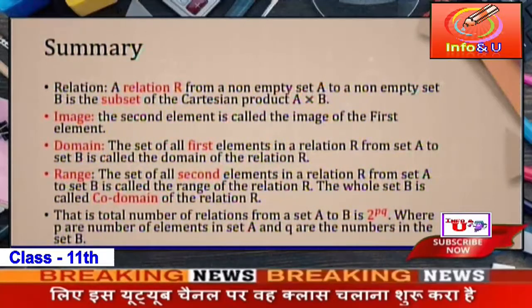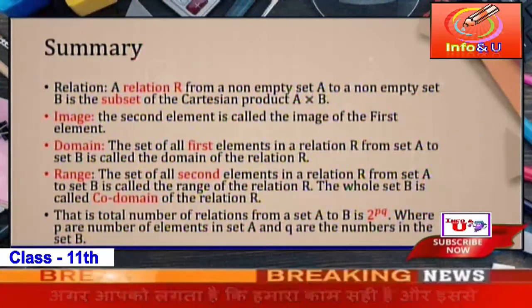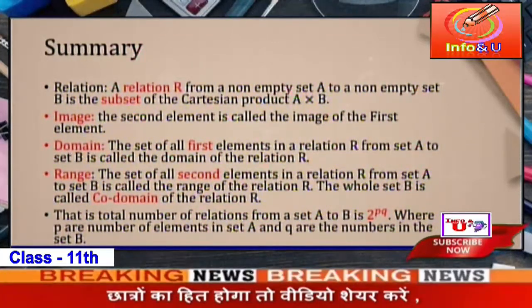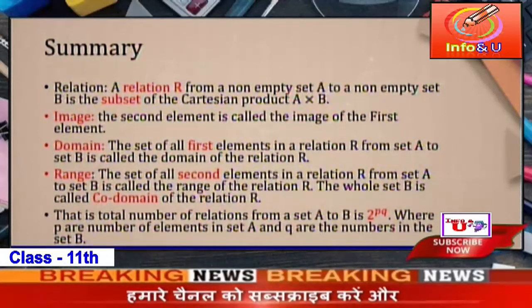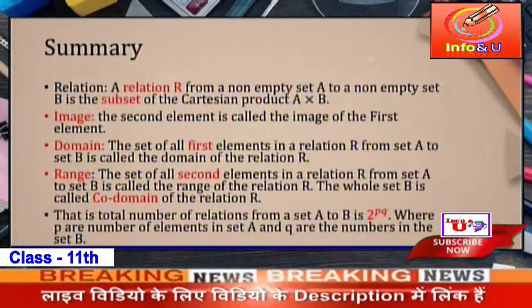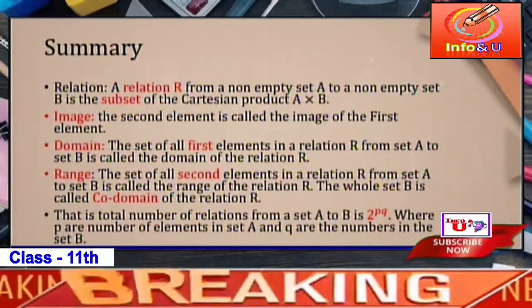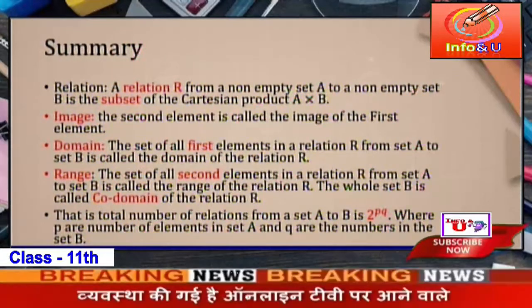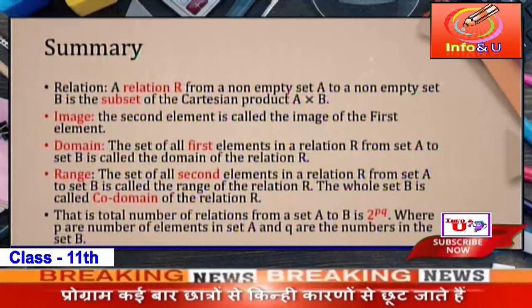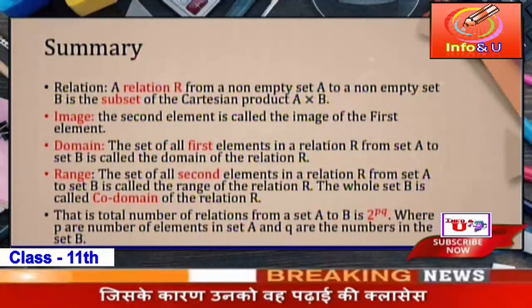This is the first element. Domain, yes, the set of all those elements which have an image is known as the domain. Range, the set of all second elements, that means the set of all images. And lastly, an observation on how many relations we can find from a non-empty set A to a non-empty set B.